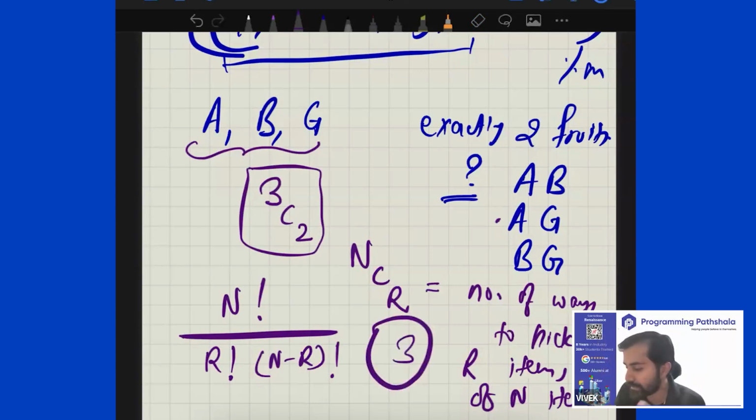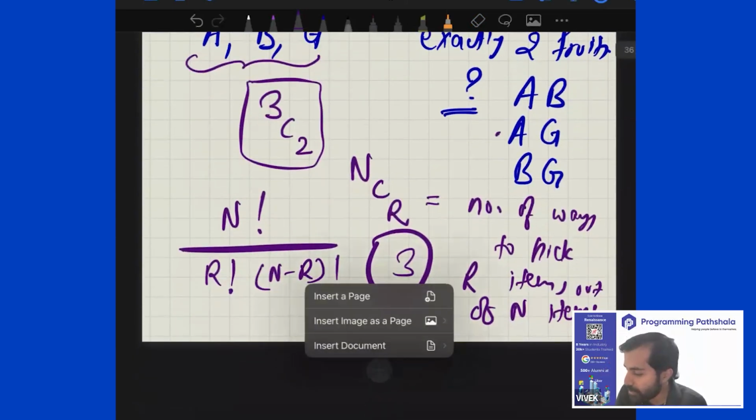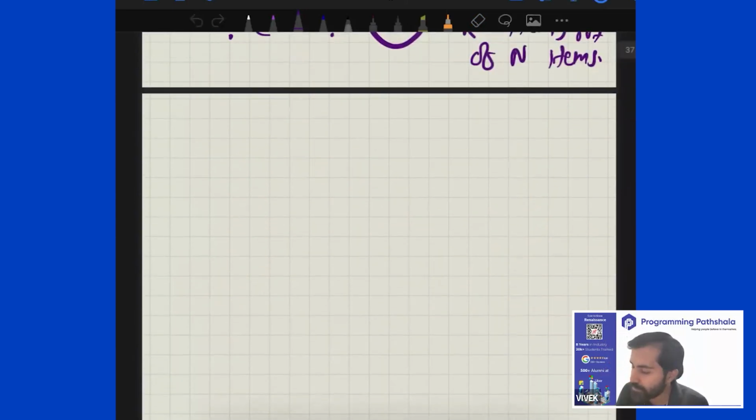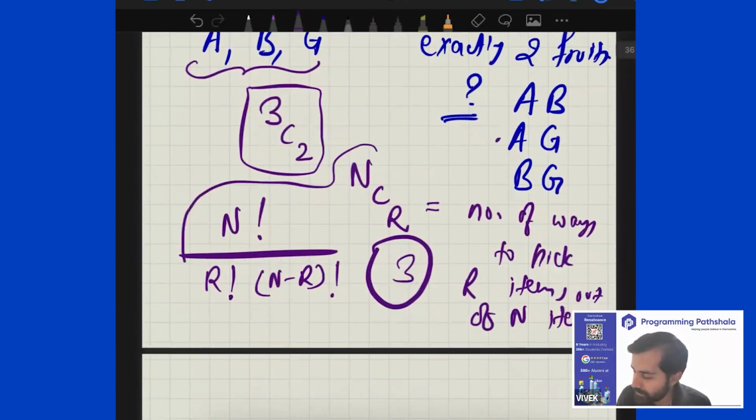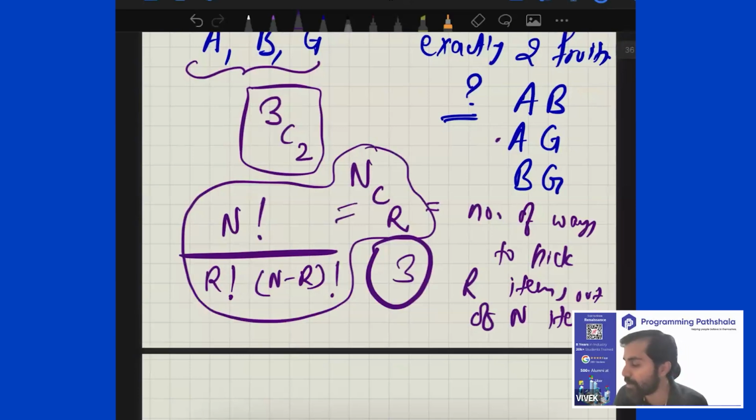Now, a few very interesting things we will learn from here. Just keep focusing. Tell me, how many of you in your school or college had learned this formula of NCR, but you do not really remember the proof of it? I mean, the logic behind why NCR is expressed in this manner.